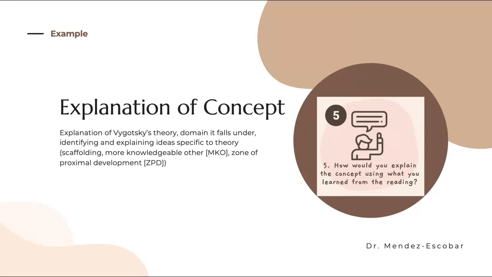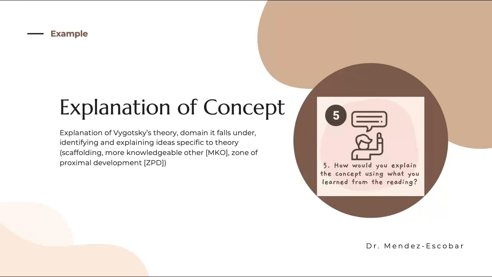Then in step 5, how would you explain the concept using what you've learned from the reading? The explanation of the concept is going to need to include what Vygotsky's theory is and what domain it falls under. In the previous slide, I gave you a brief overview of the theory.